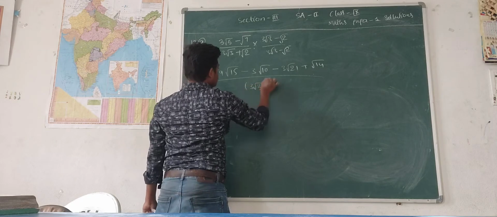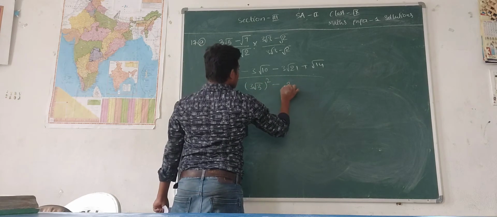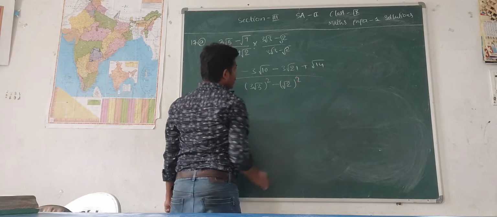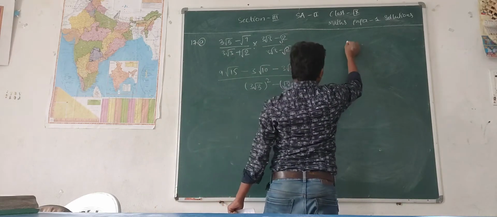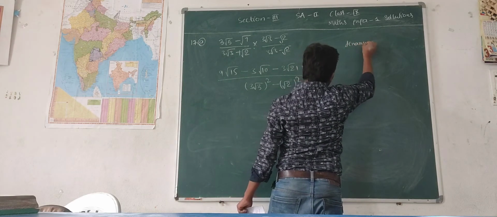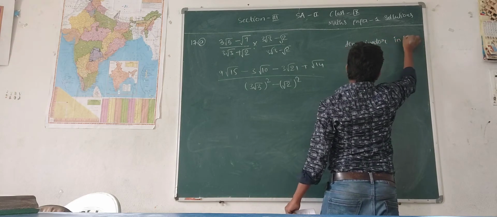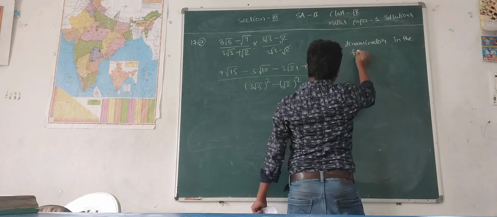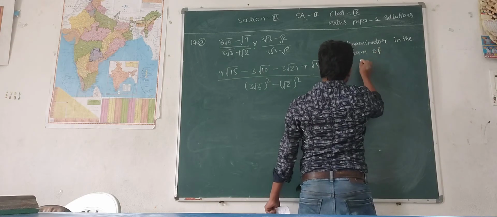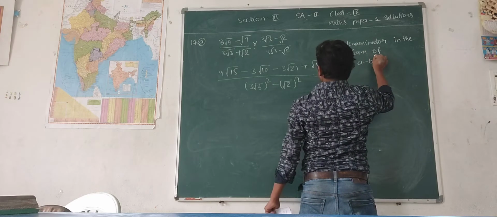The denominator is in the form (a + b)(a − b), which equals a² − b², so here it is (3√3)² − (√2)².